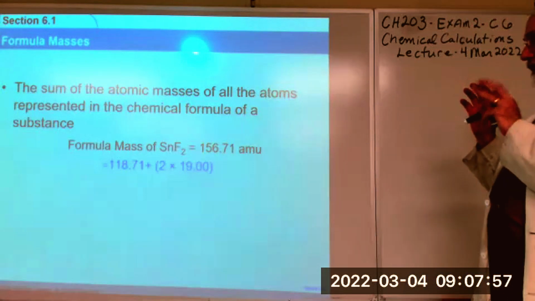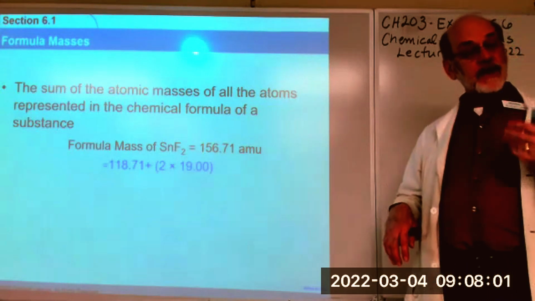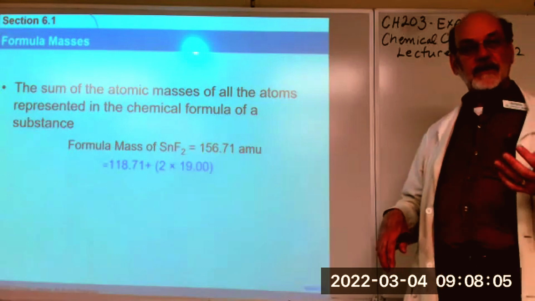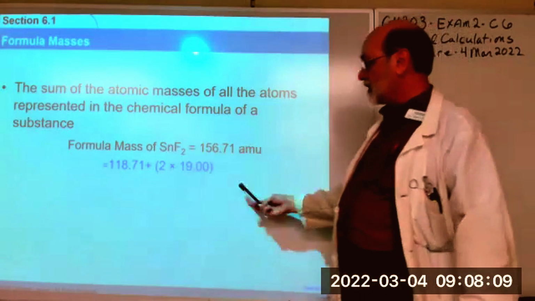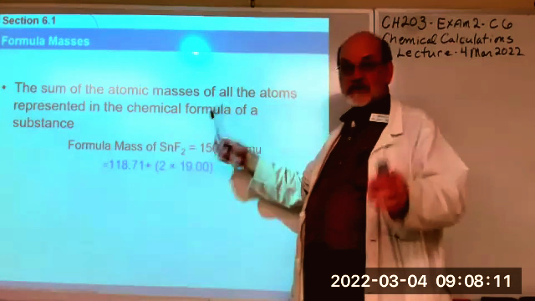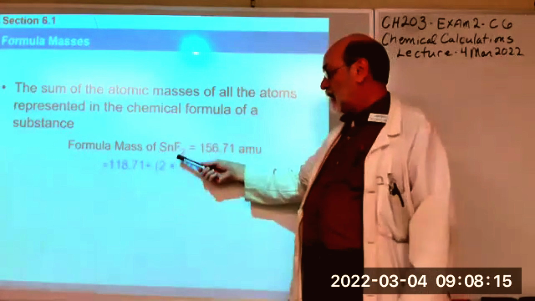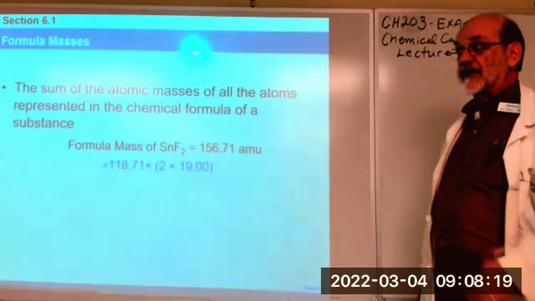Okay, so you know what the atomic mass unit is for each element. The atomic mass unit for a formula or a compound is just the summation of all the individual mass units. If you have one atom of an element, it's just the value for that atom. And if you have two of them, you just multiply 2 times that, and you get that from the periodic table.